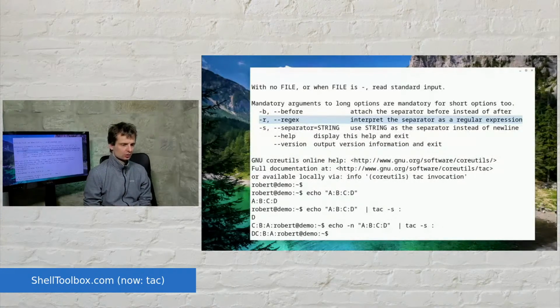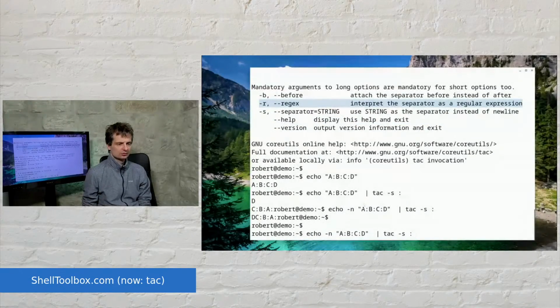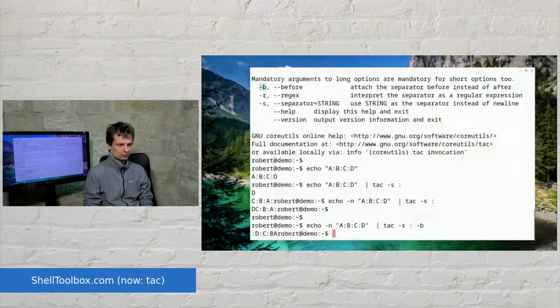And to give all the fields in a reverse order, including the separator here, we just need to add the -b command line switch. The -b command line switch writes the separator in front of the output instead of after the output.